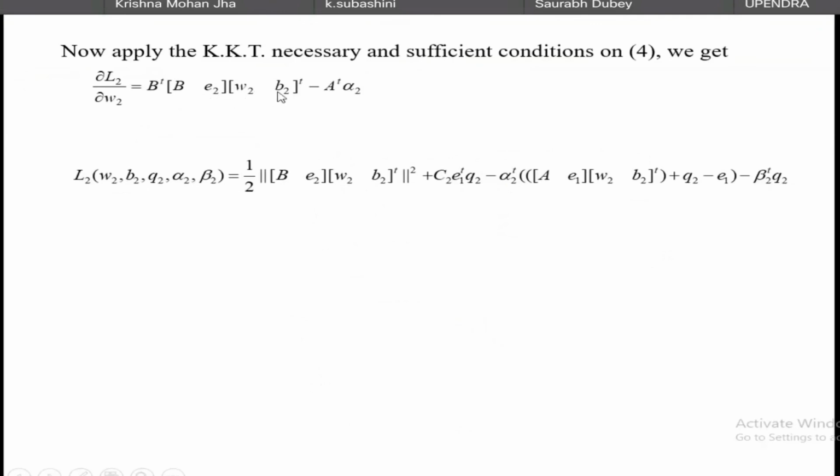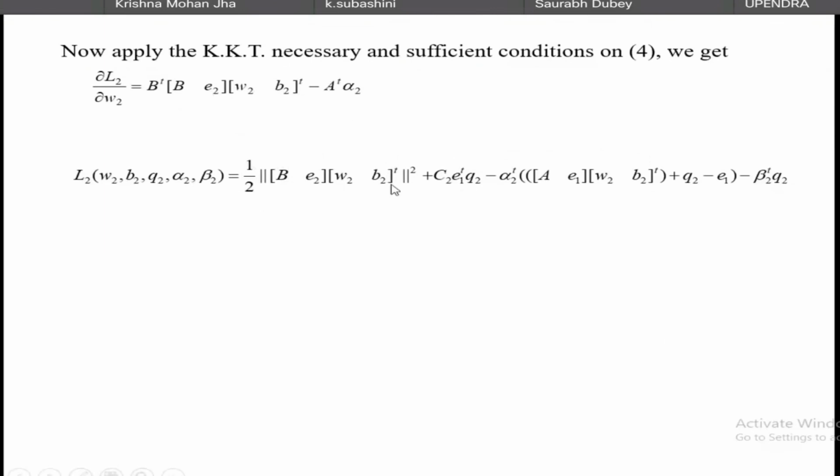This will come as it is, and we again take the derivative with respect to w. Because if you have x square, you first take 2x, and again take the derivative with respect to x, so you will get 1.